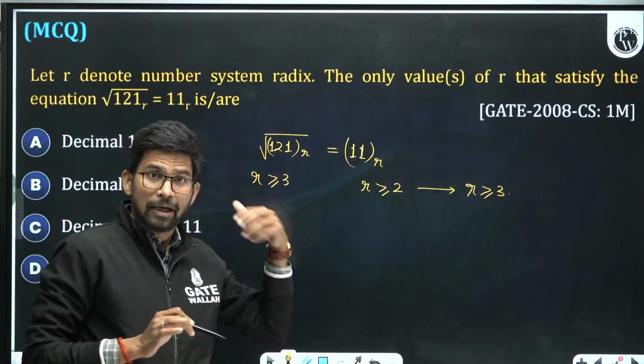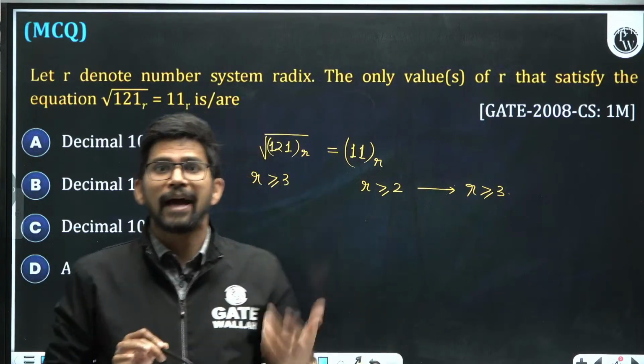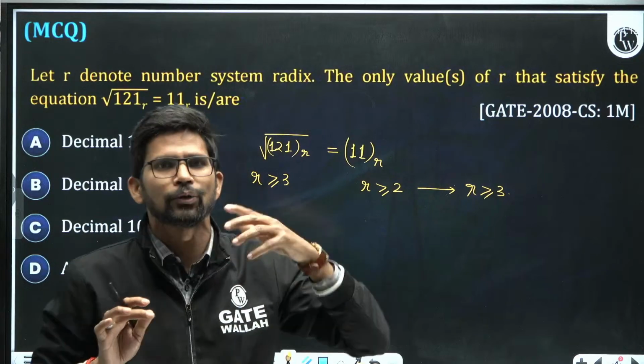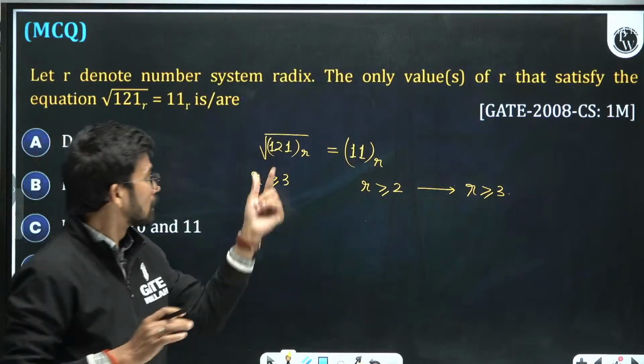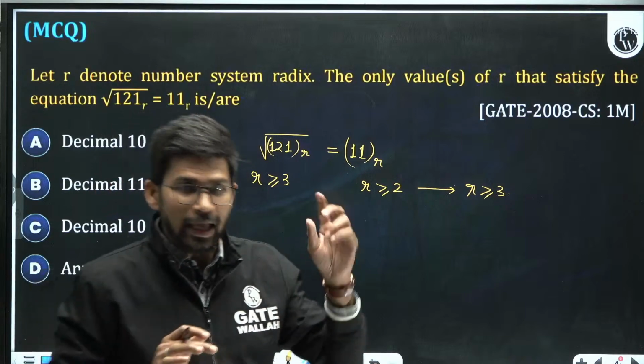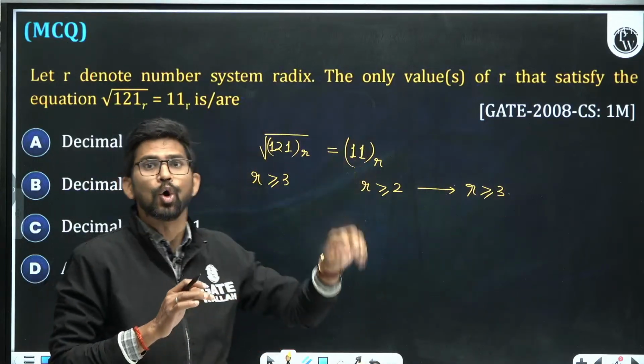For both numbers written in the R based system to be valid, R must be greater than or equal to 3. That is the first condition. Also, apart from R greater than or equal to 3, the given relation should also hold good.